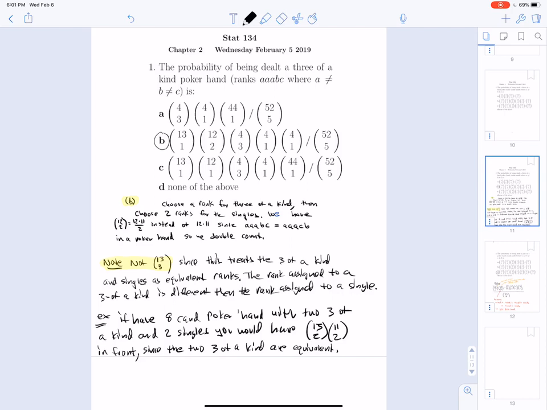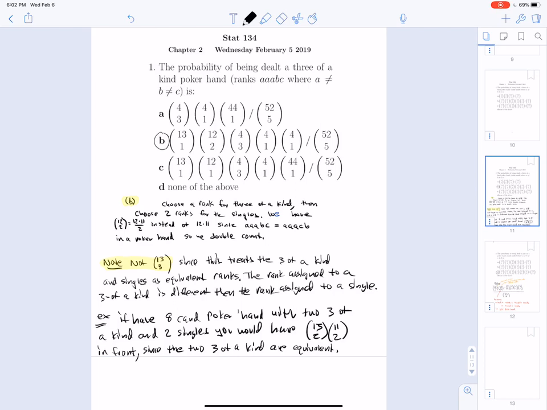The A's are 3 of a kind, whereas the B's and C's are singles. The singles are interchangeable. The 3 of a kind is different than the singles. So once I've chosen my A, B, and C, then it's just I have 4 choose 3 for the A's, 4 choose 1 for the B's, and 4 choose 1 for the C's, over 52 choose 5.